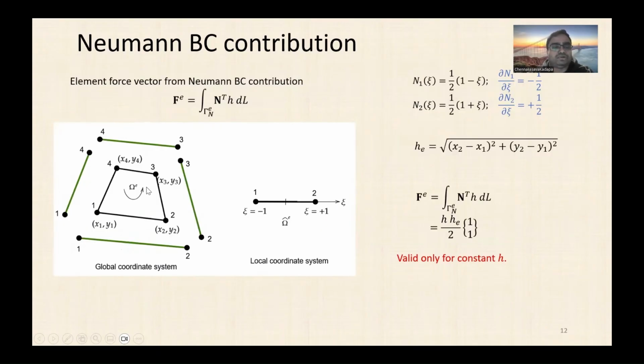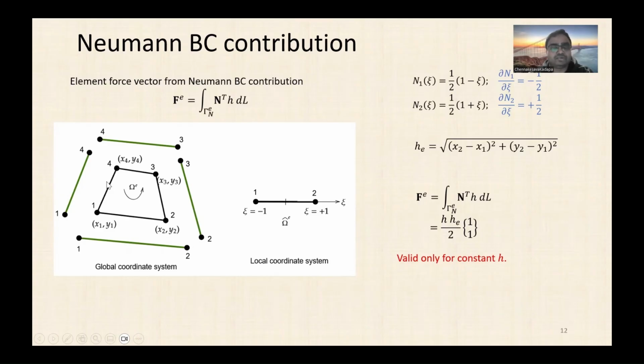Okay, now if we look at this element, our 4-noded element, we can see that it has 4 edges. Now, in order to integrate this boundary term, we need to perform the integral along one or more of these edges.